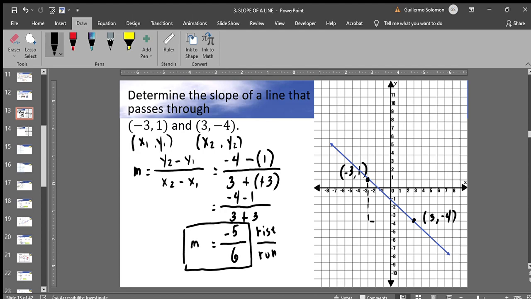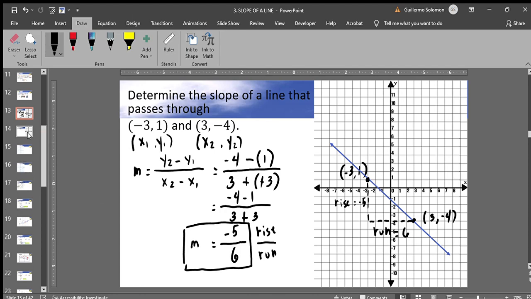So 1, 2, 3, 4, 5, and 6. This is our rise, which is negative 5, and this is our run, which is positive 6. So that's how we illustrate a slope of a line given 2 points.